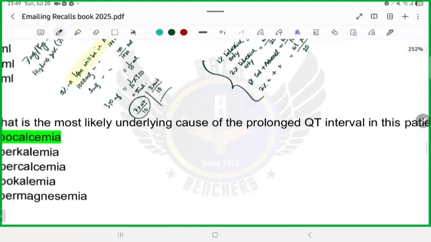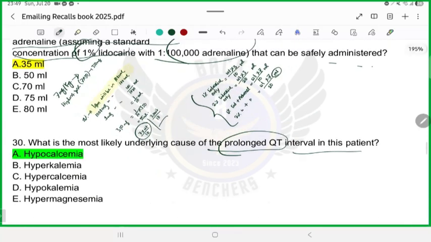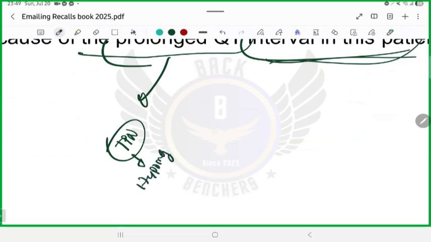Not a problem. What is the most likely underlying cause in a prolonged QT interval in this patient? Guys, in which patient? We don't know. People just told us like this. So prolonged QT interval, we will have two scenarios. One, TPN. Remember, it's hypomagnesemia. The person is having TPN, it's hypomagnesemia.